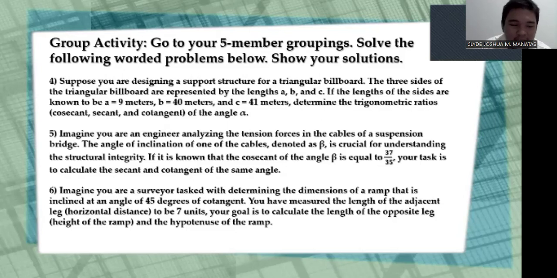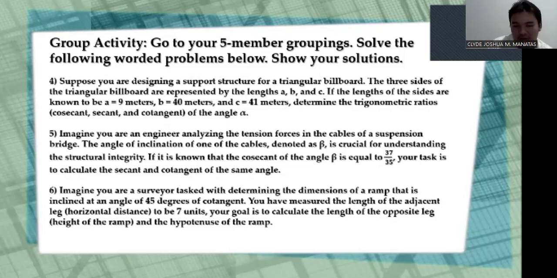Correct? It was 12 over 35 because cotangent beta is A over B. So the A there is 35 and the B there is 12.